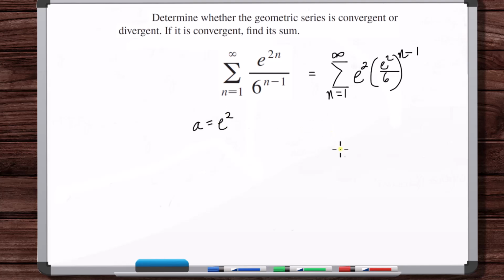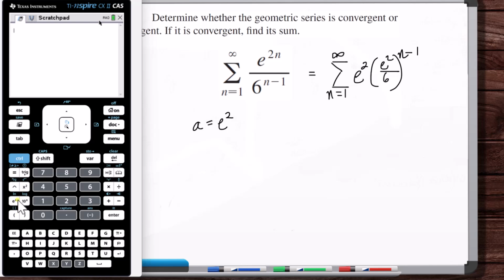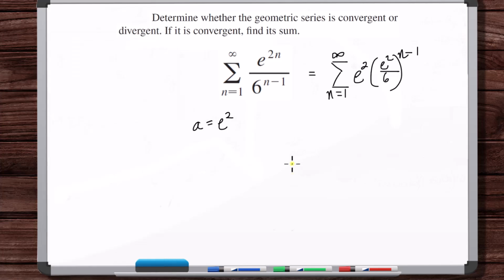Now, what is e squared divided by 6? The absolute value of that is greater than 1, so this is going to be divergent. The common ratio is positive, so this is going to diverge, but we can put infinity.